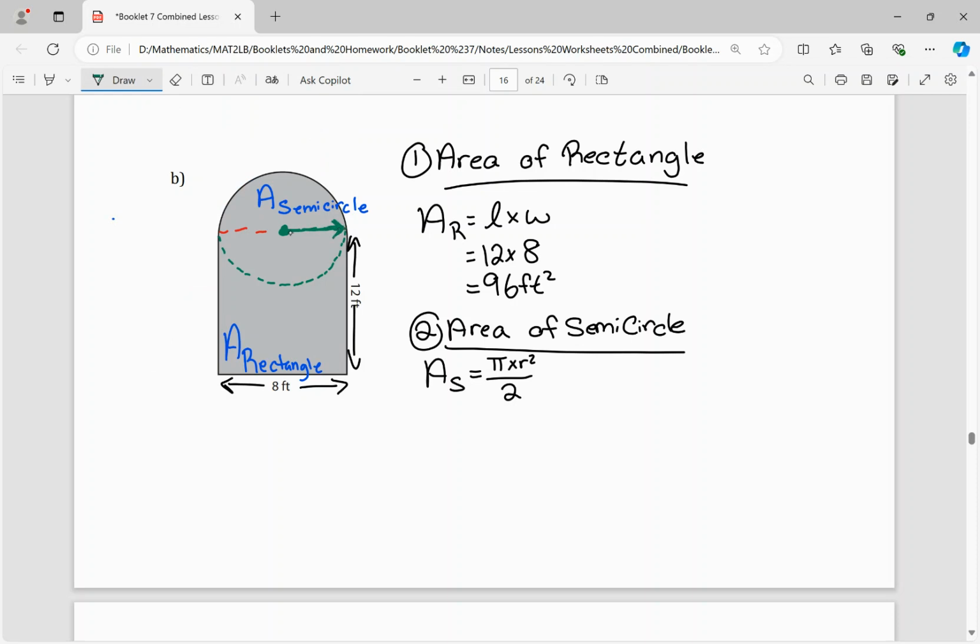So that's this distance that I'm drawing here with these 2 arrows. Now, this entire length left to right is 8 feet. I know that because of the 8 feet down there. That's the diameter. I don't want the diameter, I want the radius. So I'm going to take that 8 feet and divide it by 2. The radius of the semicircle is 4 feet.